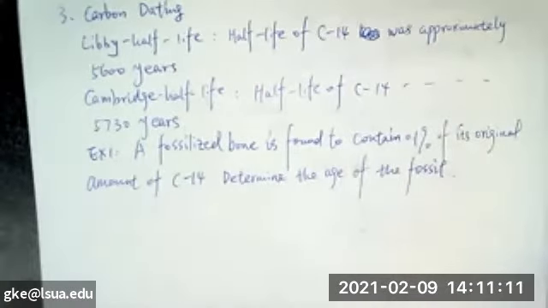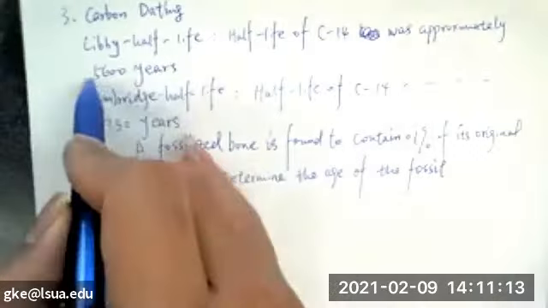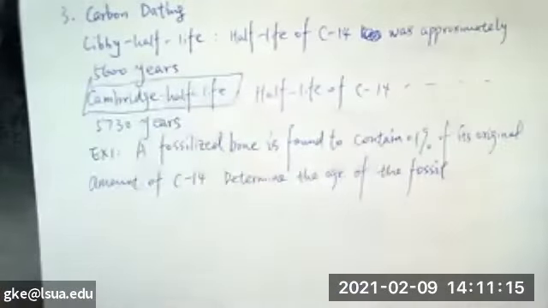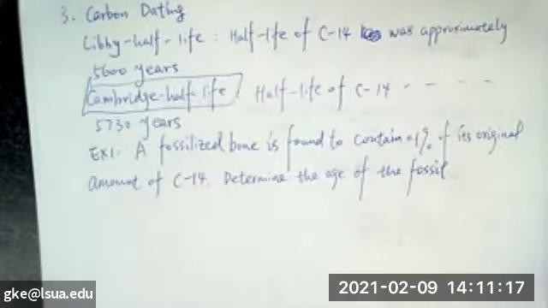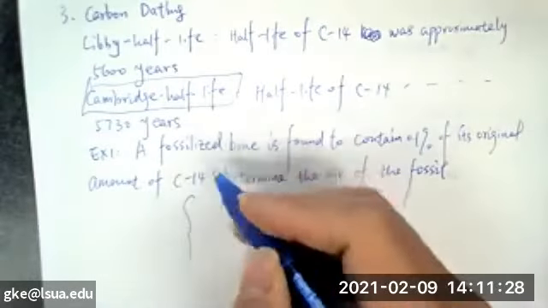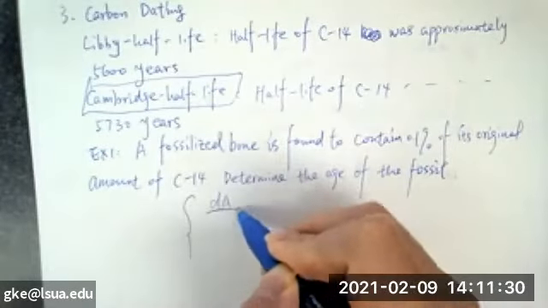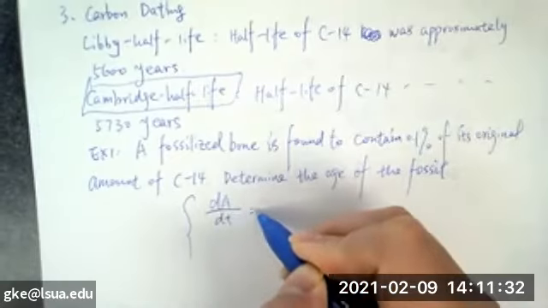In this problem, we decide to use the Cambridge half-life. First of all, we're going to build a linear model, as I mentioned before. For this linear model, we can write down dA/dt = kA.